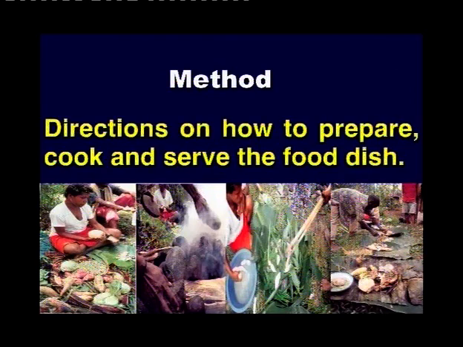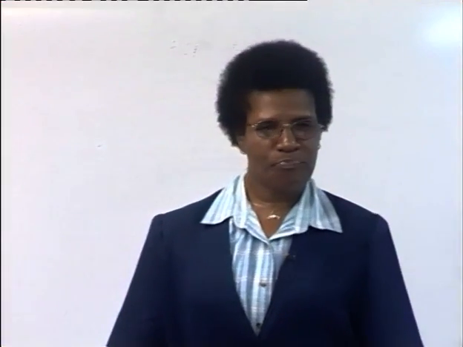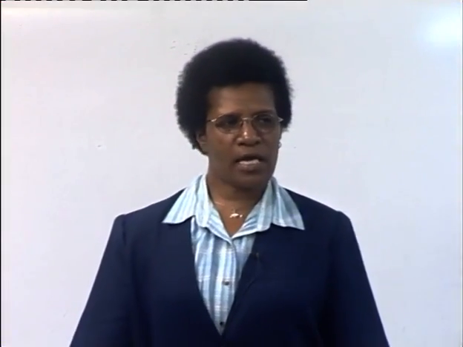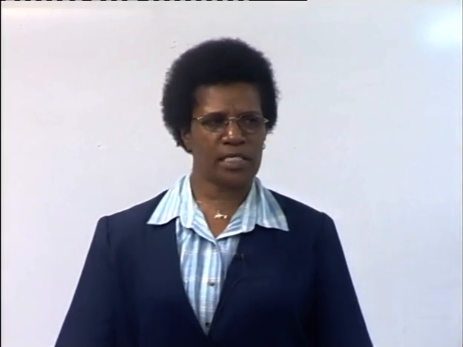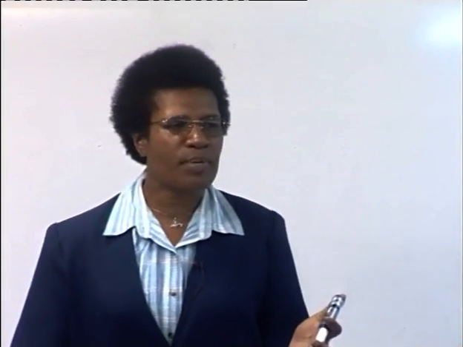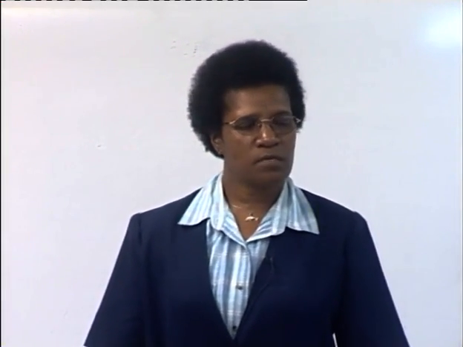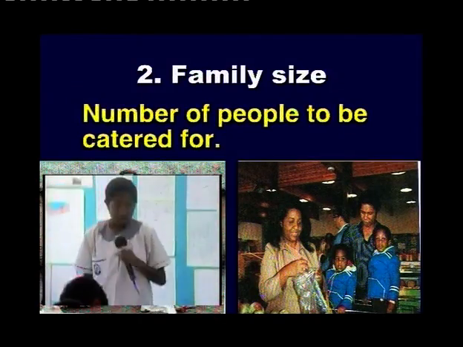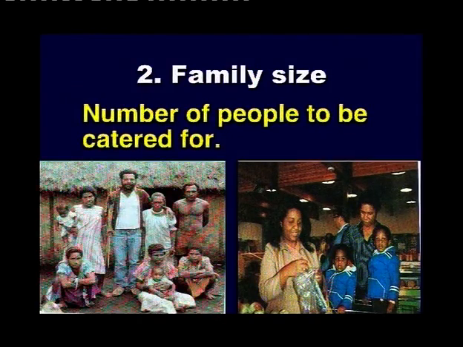Another factor to look at, the second factor. If I can have Tricia tell us what the second factor is. First is recipe. The second one? Family size. And Tricia, if you can tell us what family size actually is. Number of people to be catered for.